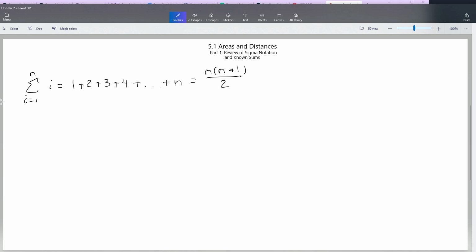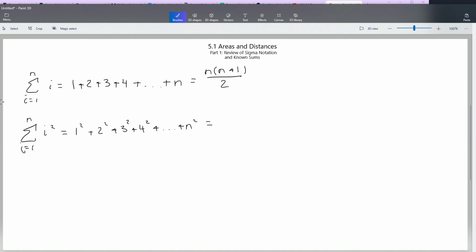Okay. The second one that we're going to use is if we look at the sum of squares, right? So i squared, this would be 1 squared plus 2 squared plus 3 squared plus 4 squared up to whatever number n is.